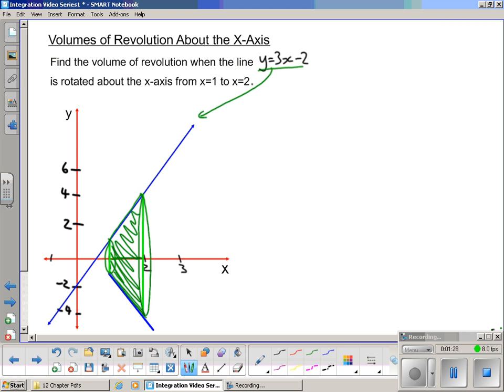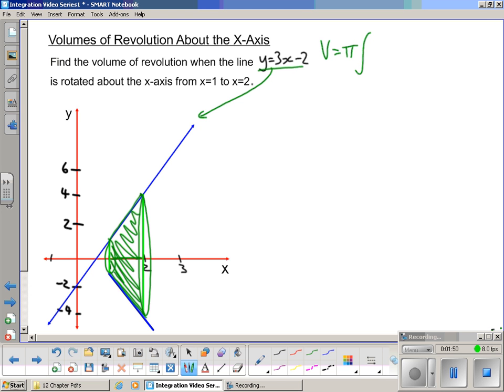Anyway, even if we can't picture it that well, we do have some formulas we can use to find the volume of revolution here. The formula we use is volume of revolution equals pi out the front, because revolution has to do with circles, doesn't it?